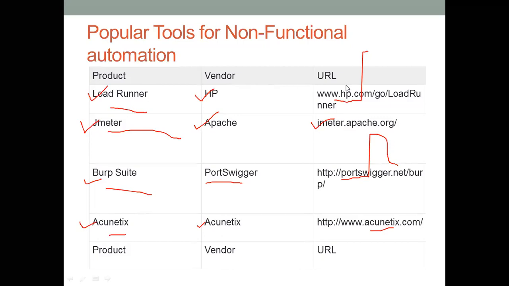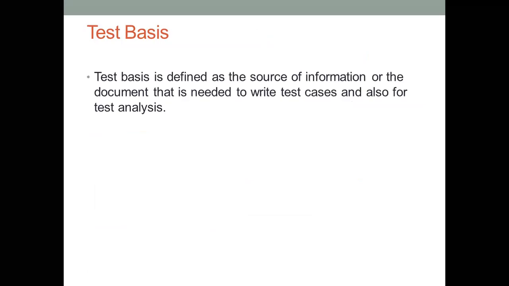Next we have seen some automation test basics. First is the test basis. When we have to do automation testing, we want a document or some source of information to write test cases for test analysis, that is known as test basis.